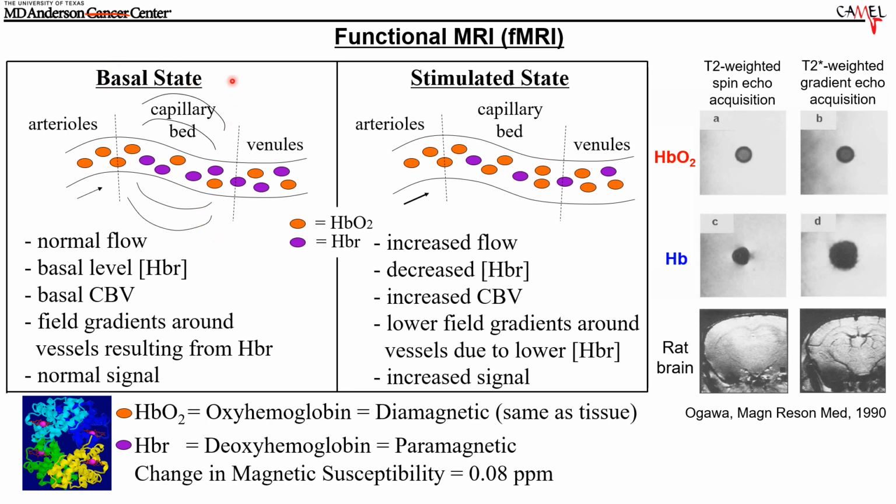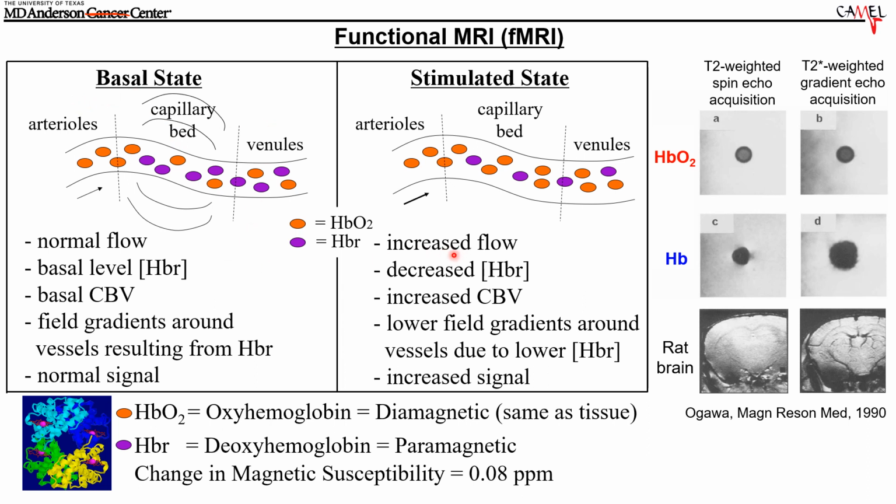Where in a normal state within, let's say, the brain, where functional MRI is often performed, we have a combination of oxyhemoglobin and deoxyhemoglobin. And so the blood is flowing through normally in this capillary bed around an artery, and everything is fine.